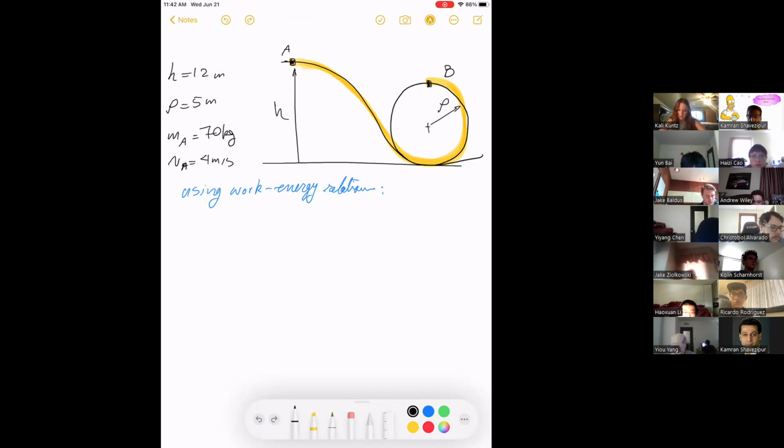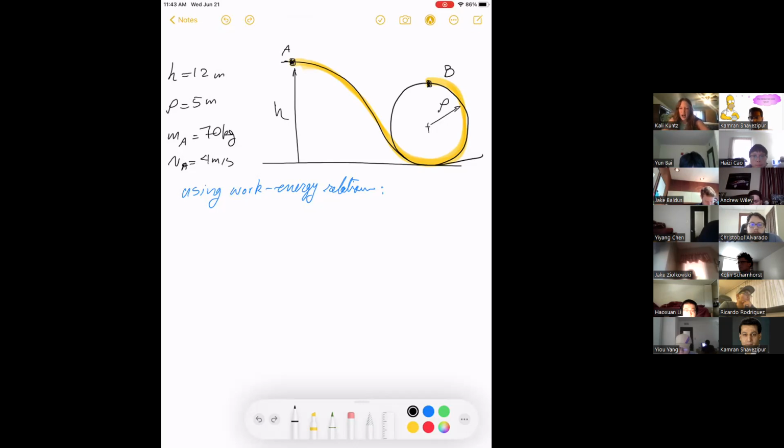Go back to your notes. Do you guys print the slides? If you print the slides, go to slide number 8. And it talks about the forces that do not work. One of them is the reaction force, because reaction force is usually perpendicular to the path of motion and does not work. So you may say reaction force is not conservative, but it doesn't even do work. So probably it's like a third category of none.